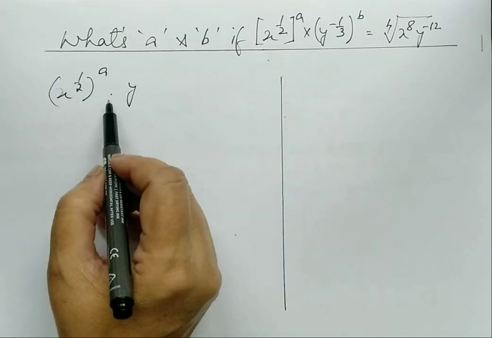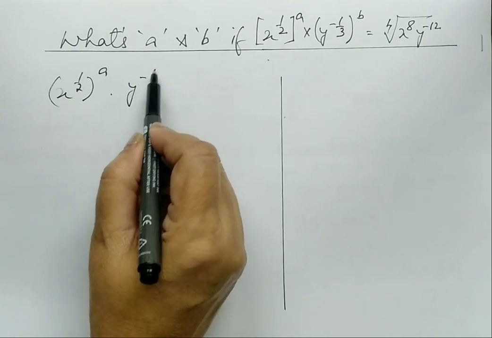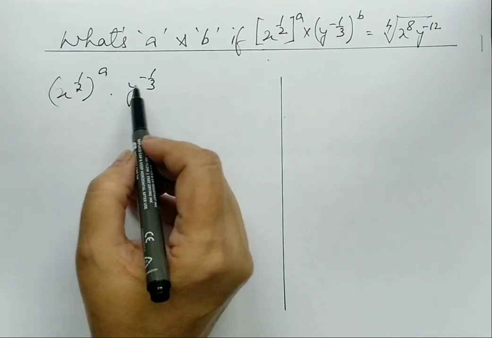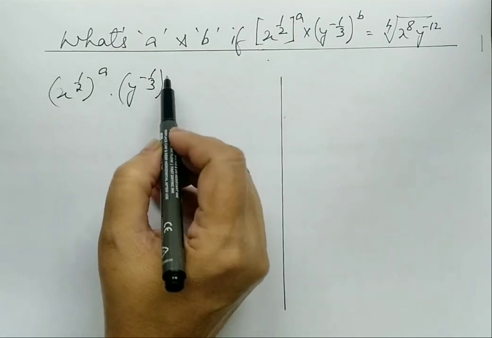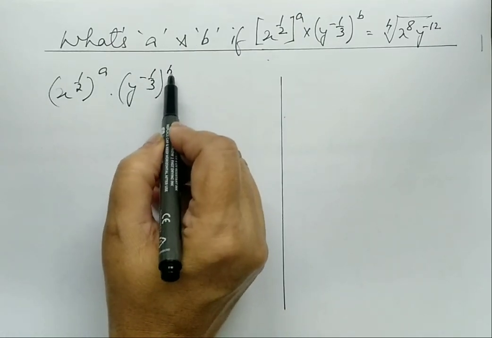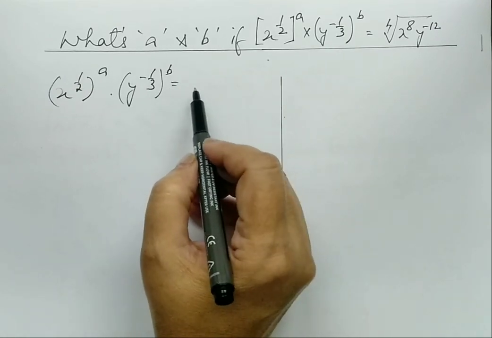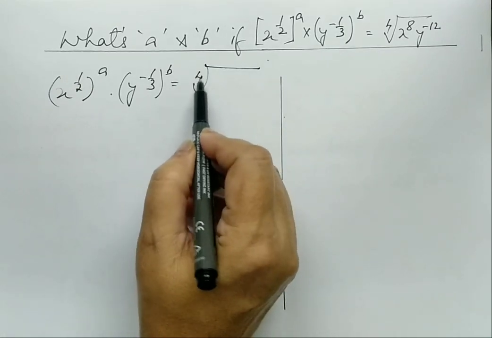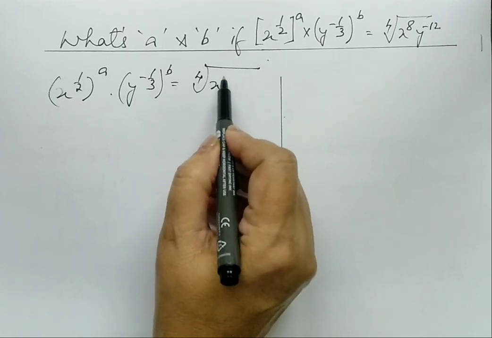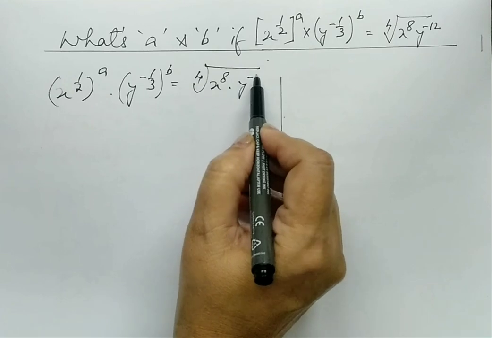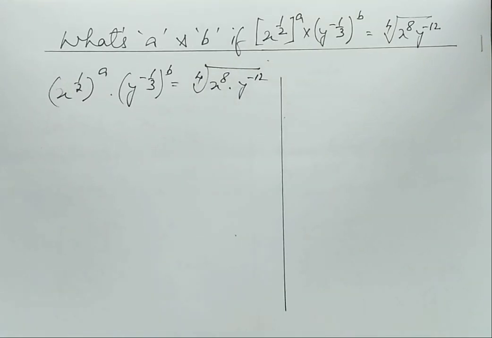Dot means multiplication guys, and this has a power of minus 1 by 3, and that has a double power, which is B outside. It is equal to the fourth root of x to the power 8 dot y to the power minus 12.